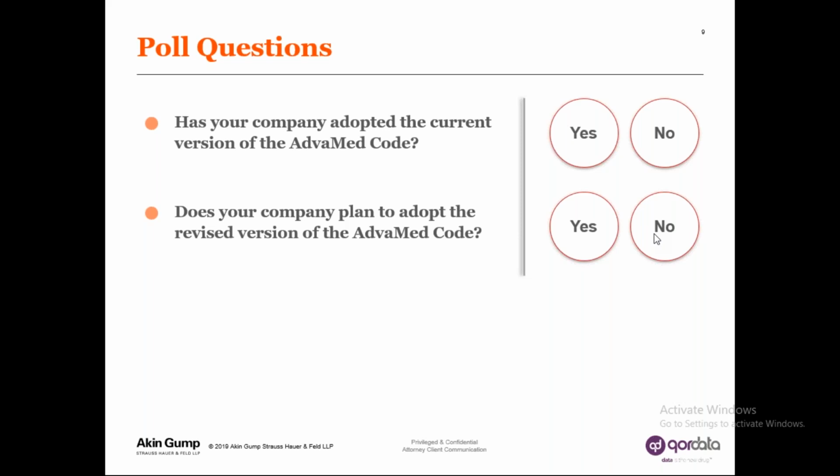Slide 10. I'm not going to go through these slides in entire detail here, but I do just want to call out a couple of key points for some of the revisions. So in section 2, under consulting arrangements with HCPs, we've added a couple of call-out boxes, including some clarifications.